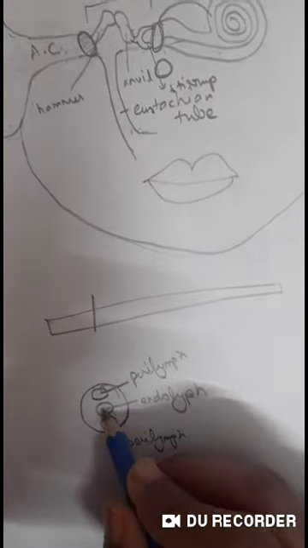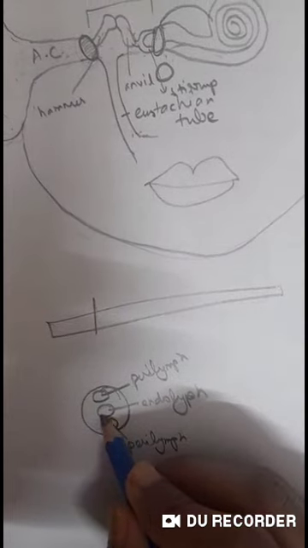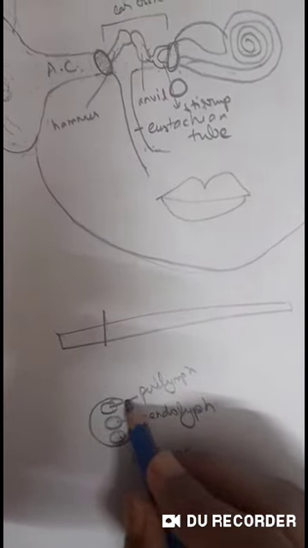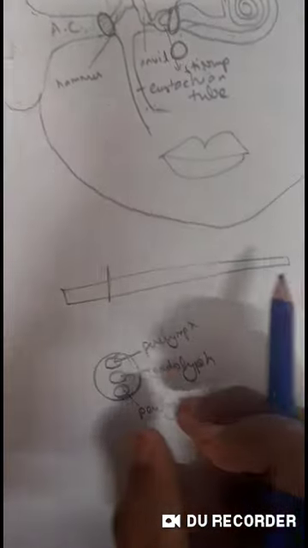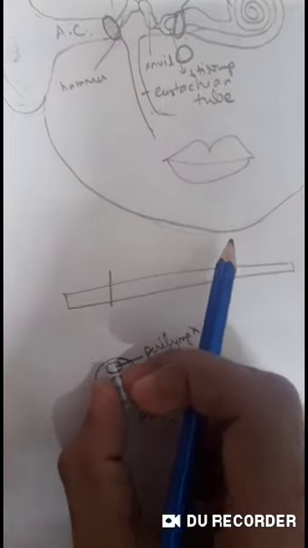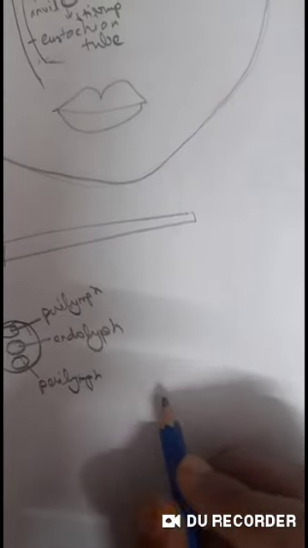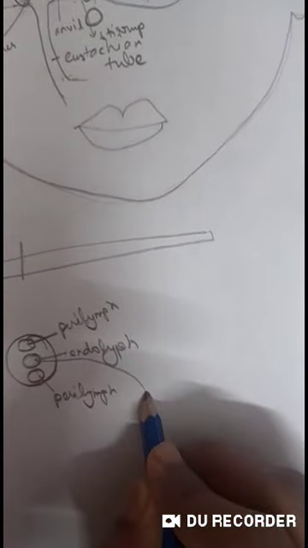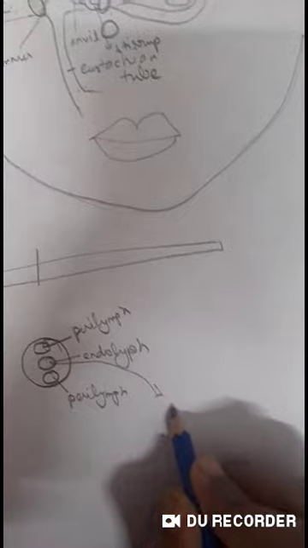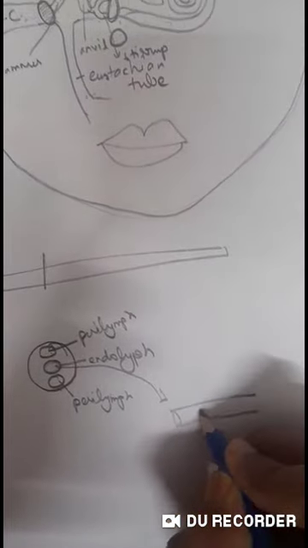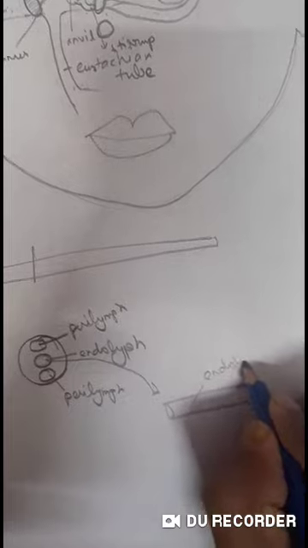Now let me explain only the middle, because we have in the syllabus only the middle canal. These two canals, just know that they contain perilymph. Now suppose I take the middle canal and try to show it here. This is the middle canal which contains the endolymph.